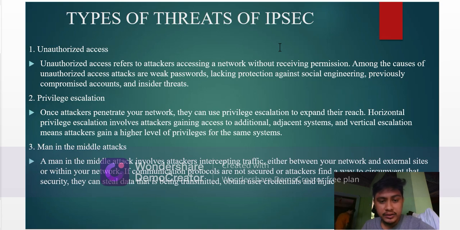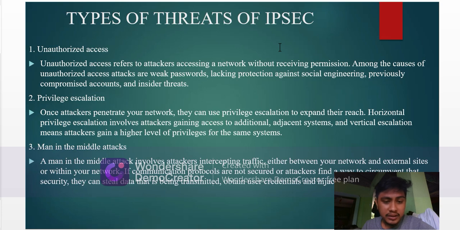Once attackers penetrate your network, they can use privilege escalation to expand their reach. Horizontal privilege escalation involves attackers gaining access to additional adjacent systems, and vertical escalation means the attacker gains a higher level of privilege for some system.